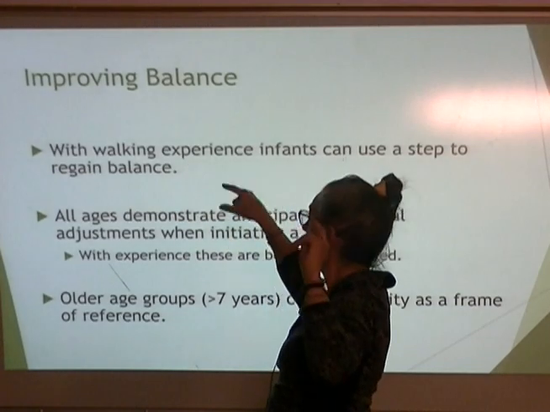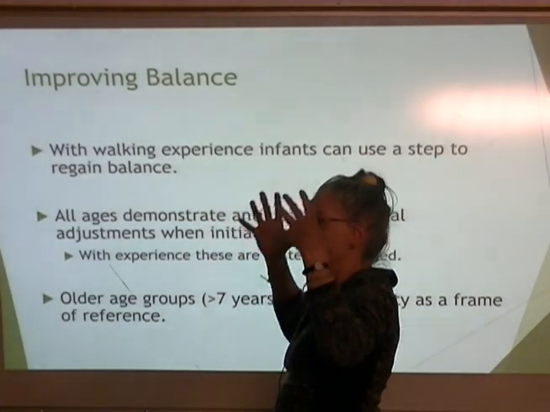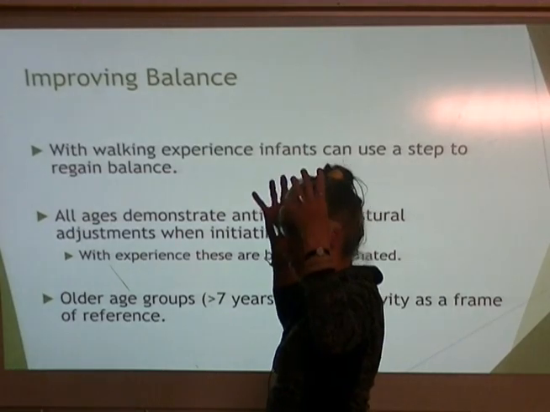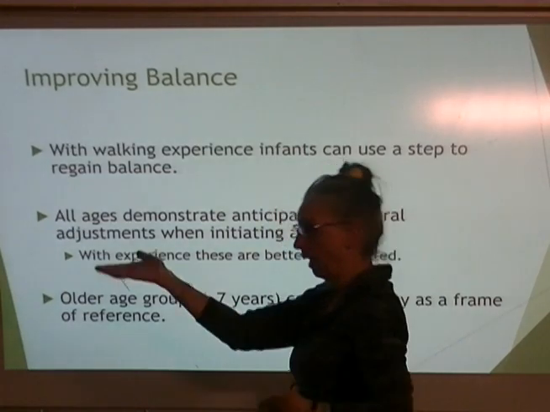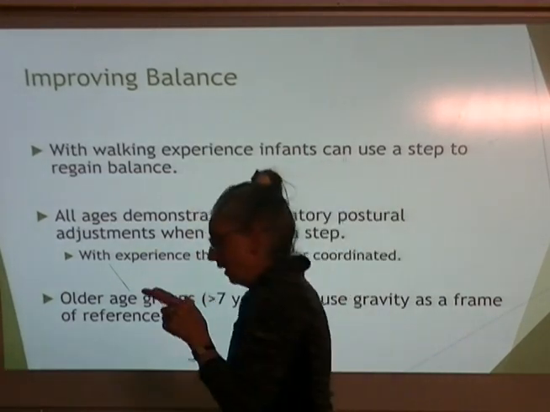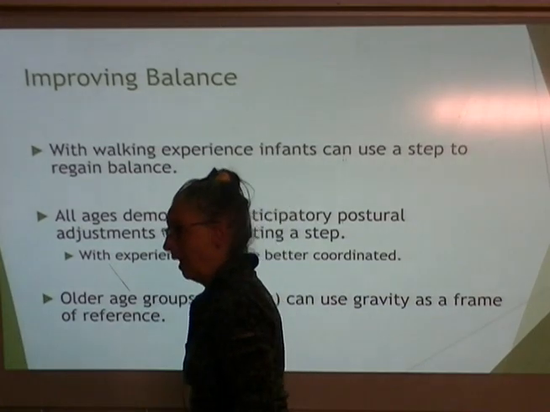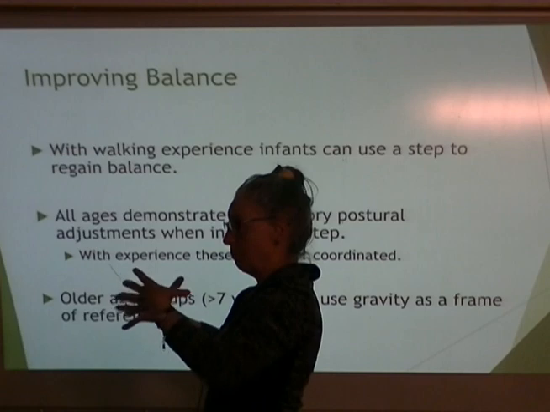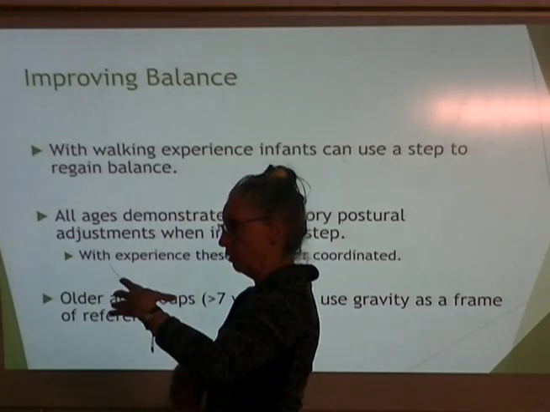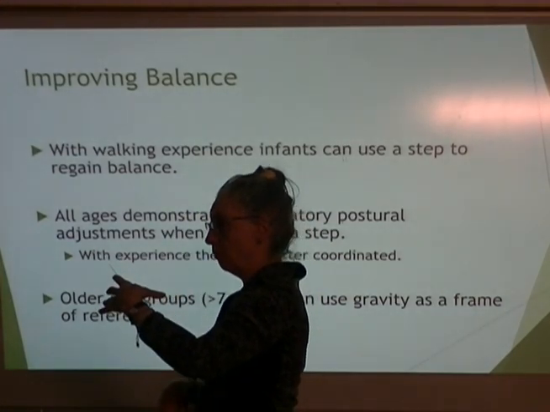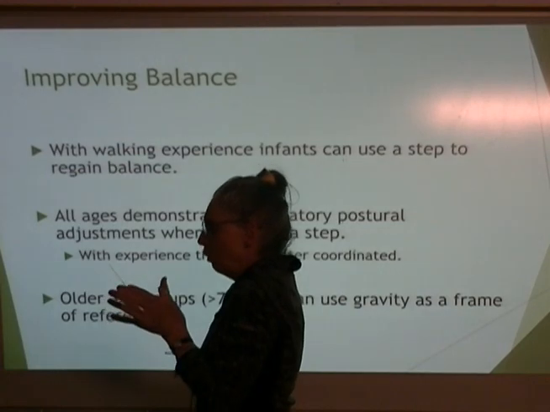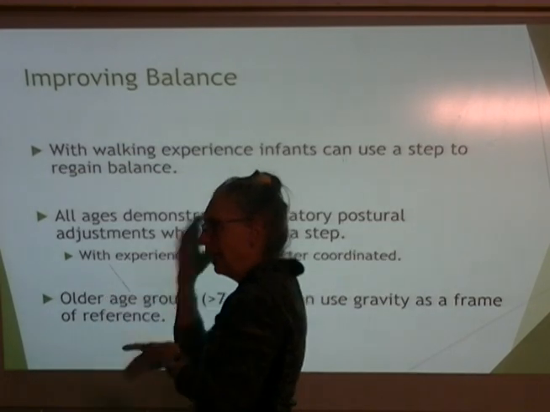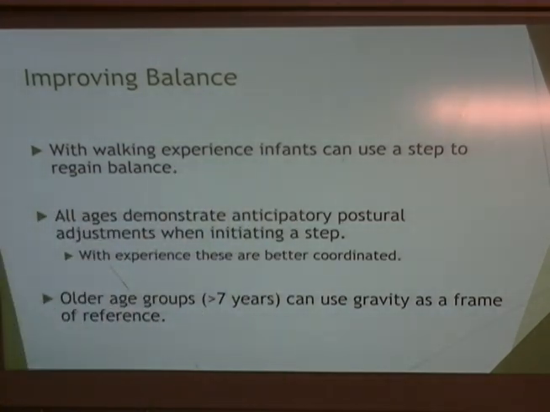Remember that a new walker still has a relatively large head, so it's top heavy, right? And they've got itty bitty little feet that they're trying to balance on, all right? So even in chapter 3, remember, to maintain my balance, I have to keep my center of gravity over my base of support. Well, their base of support is teeny weeny, and they're top heavy, right?